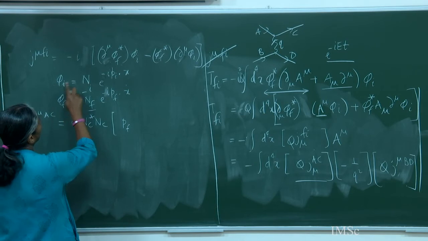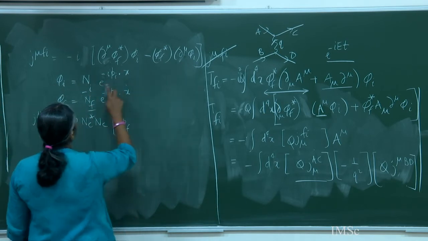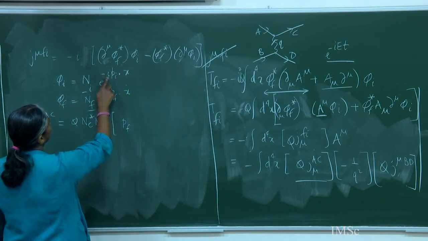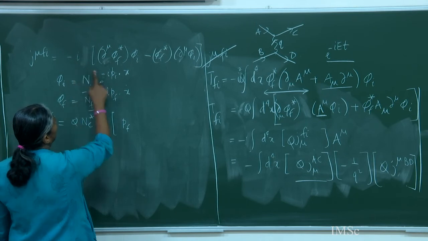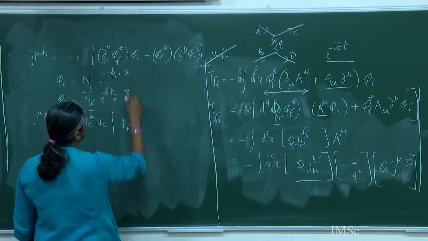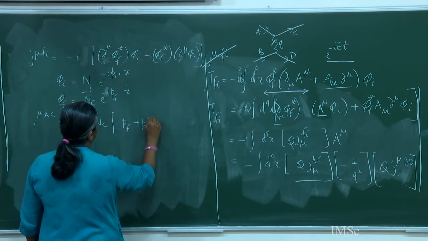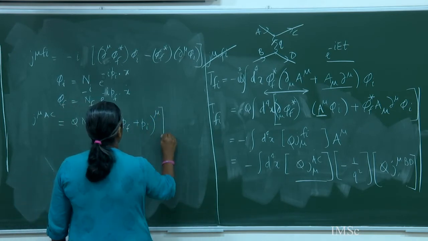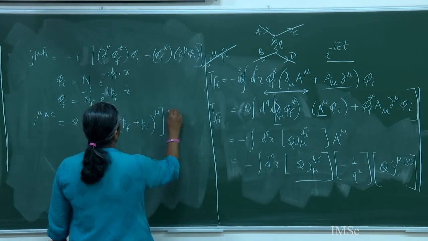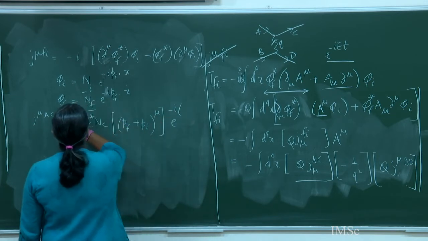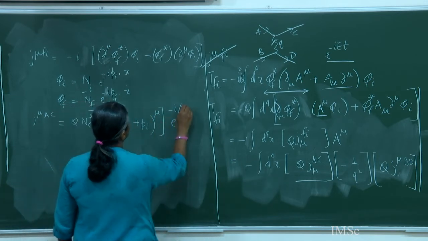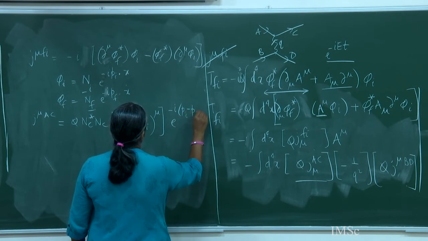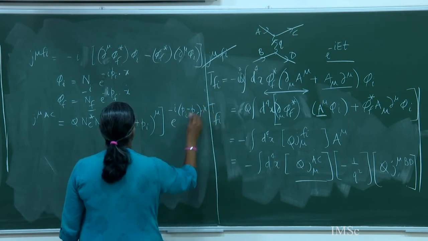And d mu acting on phi i will give you minus i times minus i is minus 1, times p_i times minus 1 is plus p_i mu, and then e to the minus i, so phi f star will get minus, so this is p_i minus p_f dot x.